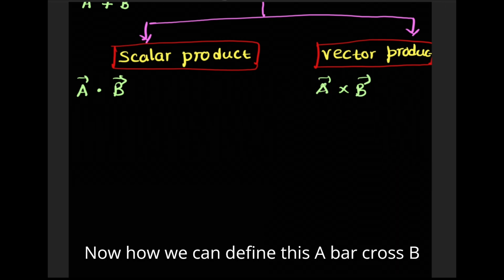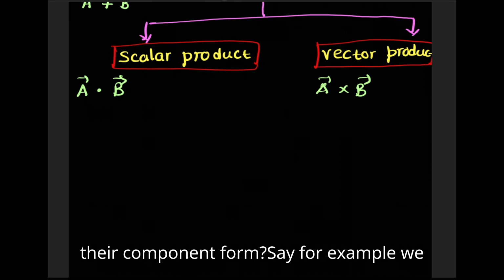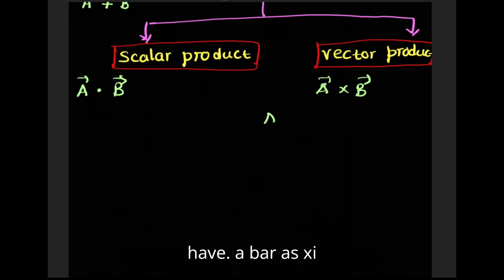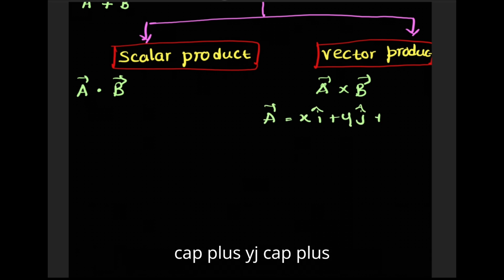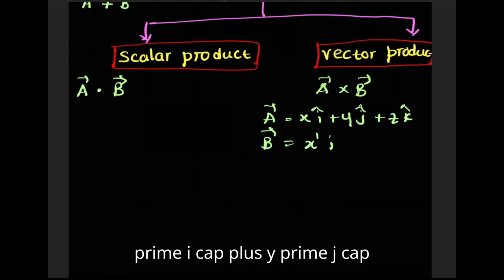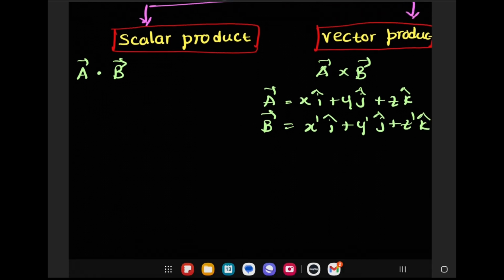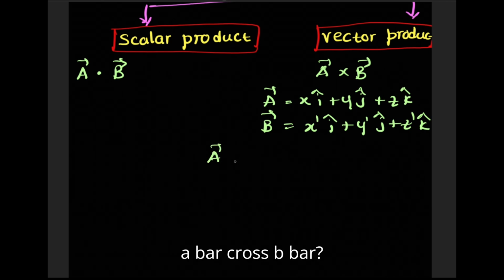Now how can we define this a bar cross b bar when a bar and b bar are defined in their component form? Say for example, we have a bar as x i cap plus y j cap plus z k cap, and b bar defined as x prime i cap plus y prime j cap plus z prime k cap in their component form. Then how can we write a bar cross b bar?